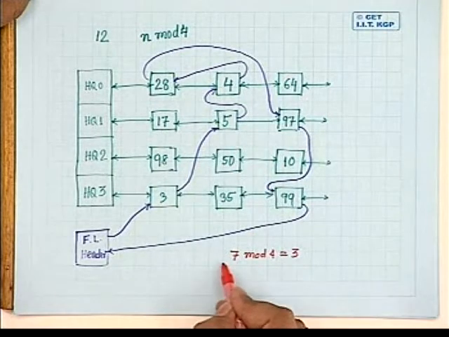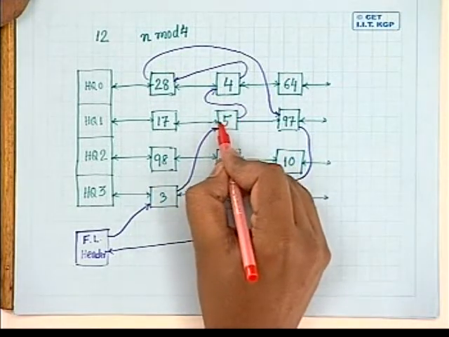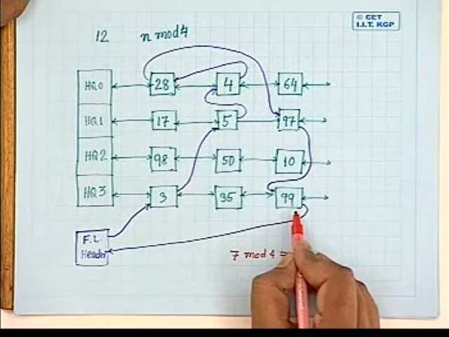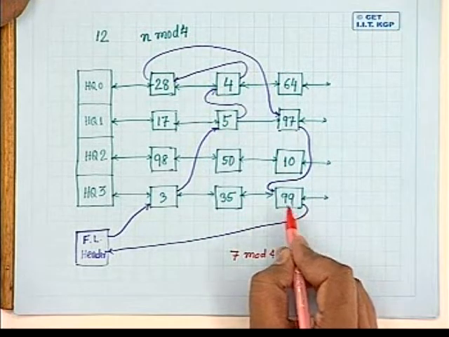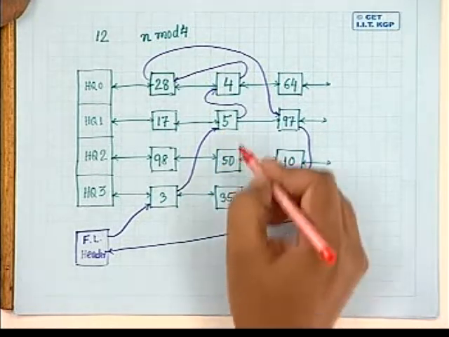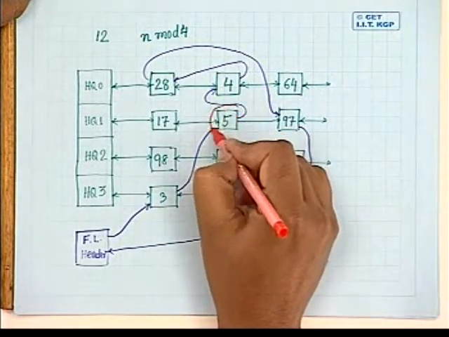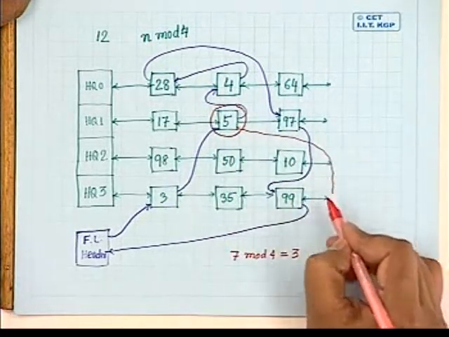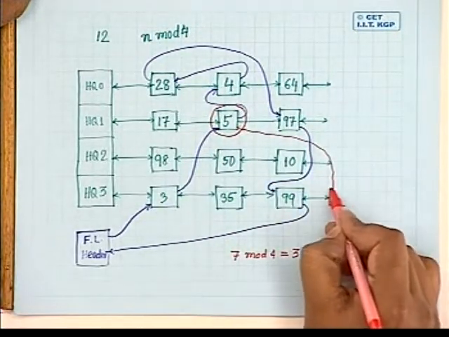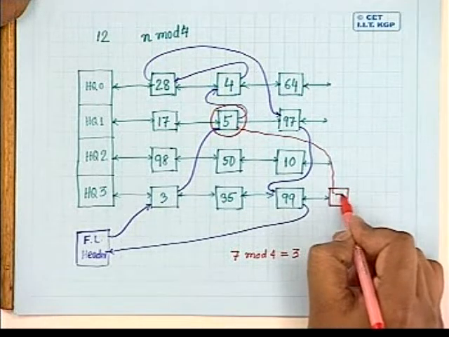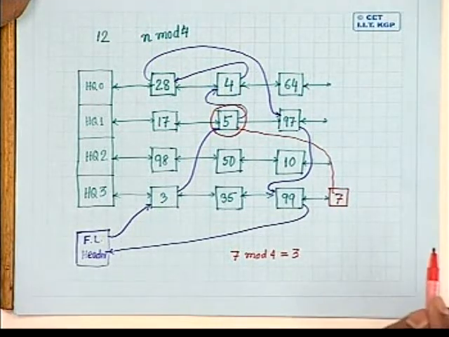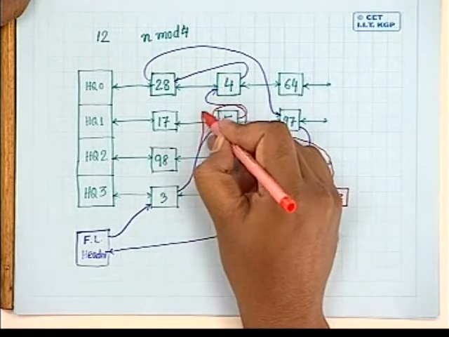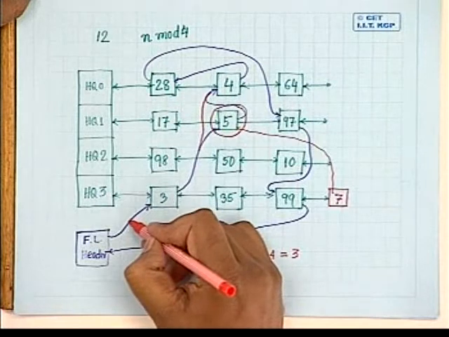But when this block number 7 is placed into the buffer, it will not remain in hash queue 1, but it has to reside in hash queue 3. And because this is recently used, where you put this buffer, it will come at the tail of hash queue 3. So it will come here and it will contain the block number 7. Okay. And this particular free list will now be something like this.